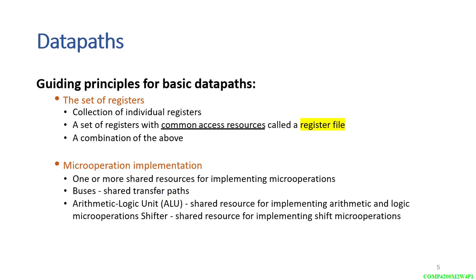So the guiding principles of building data paths are basically the set of registers and the implementation of micro operations. The set of registers, we call them a register file. We will always refer to the registers as a register file. These are a collection of individual registers. The micro operation implementations are basically one or more shared resources for implementing micro operations.